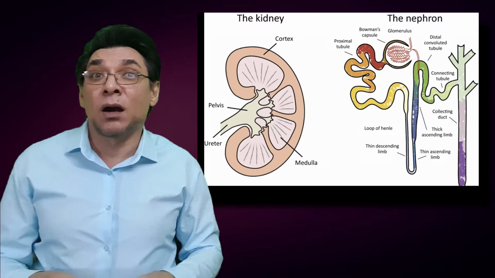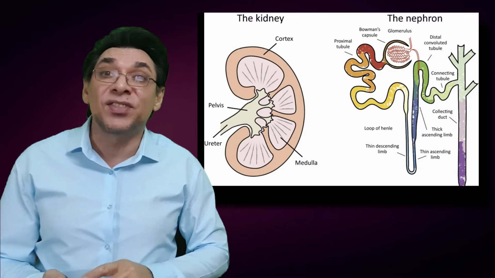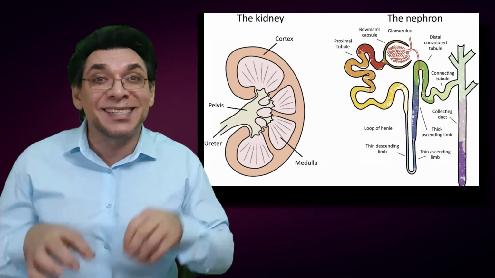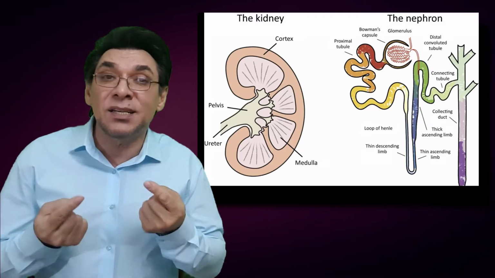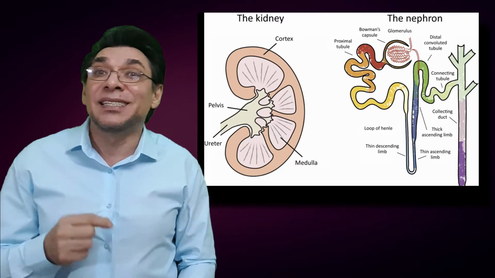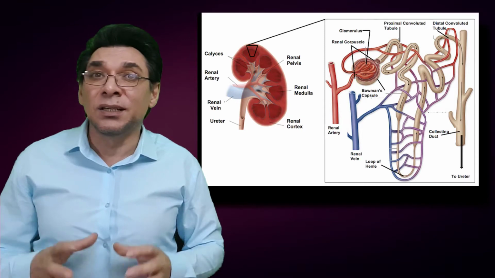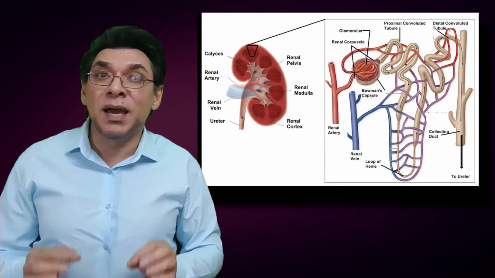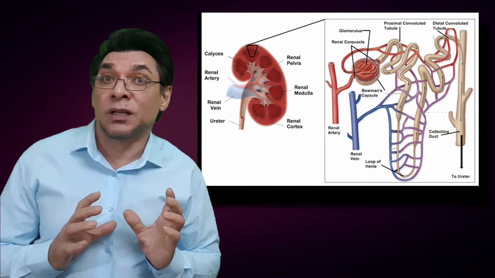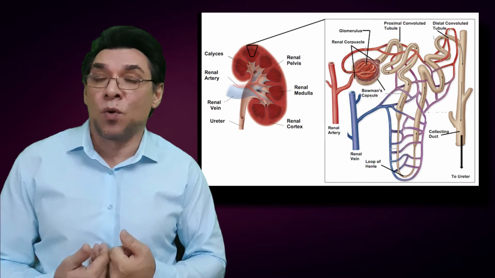The limbs are further categorized into segments: the thin segment of the descending limb, the thin segment of the ascending limb, and the thick segment of the ascending limb. The descending limb extends toward the renal sinus, where it makes a hairpin turn, and the ascending limb extends back toward the cortex.